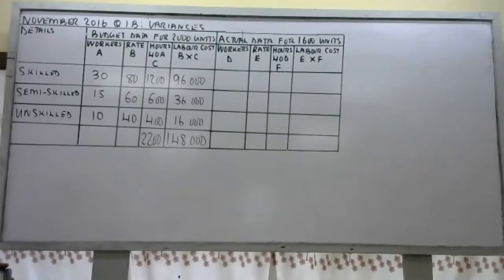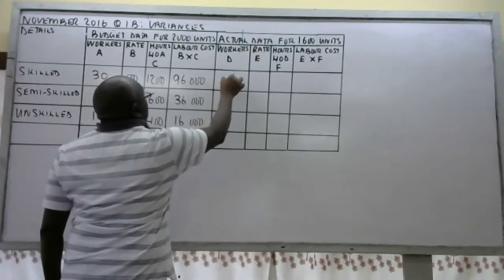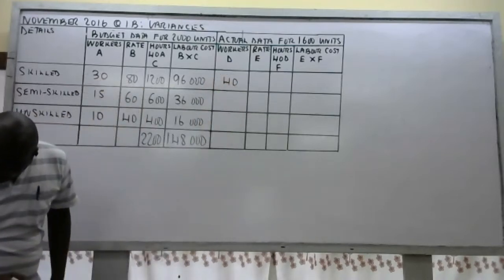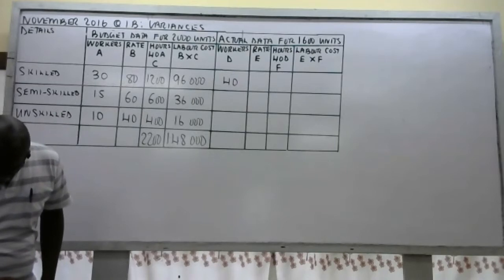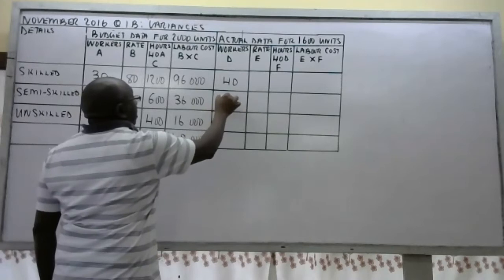When we go to the actual, according to information 4, we are told we had 40 skilled workers. We had 10 semi-skilled and 5 unskilled.